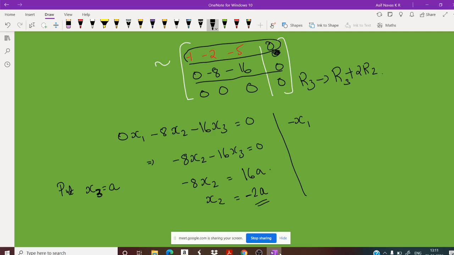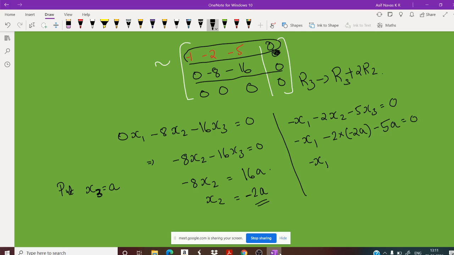Minus x1 minus 2x2 minus 5x3 is equal to 0. So minus x1 minus 2 into minus 2a minus 5 x3, which is a.